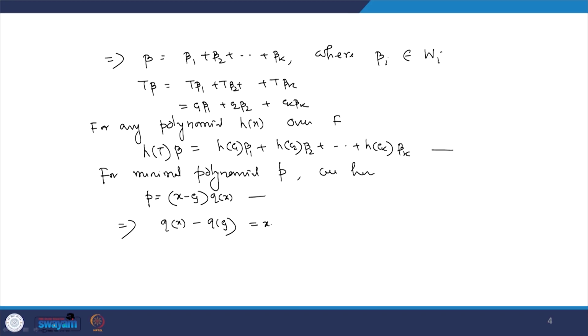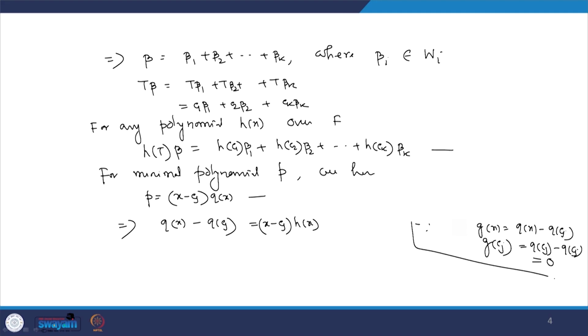So, I can say this is equal to x minus Cj into some polynomial Hx, please. Since if I consider say Gx equal to Qx minus Qcj, then G at Cj equal to Qcj minus Qcj equal to 0.